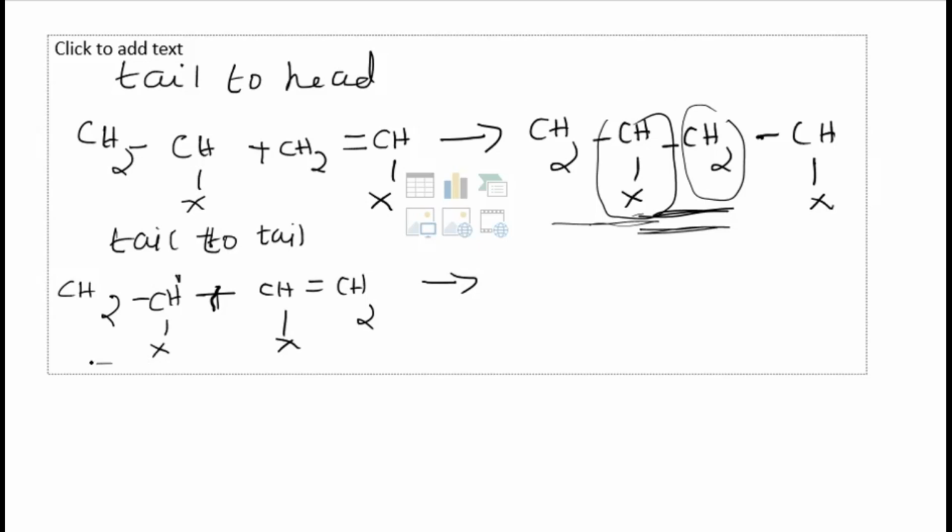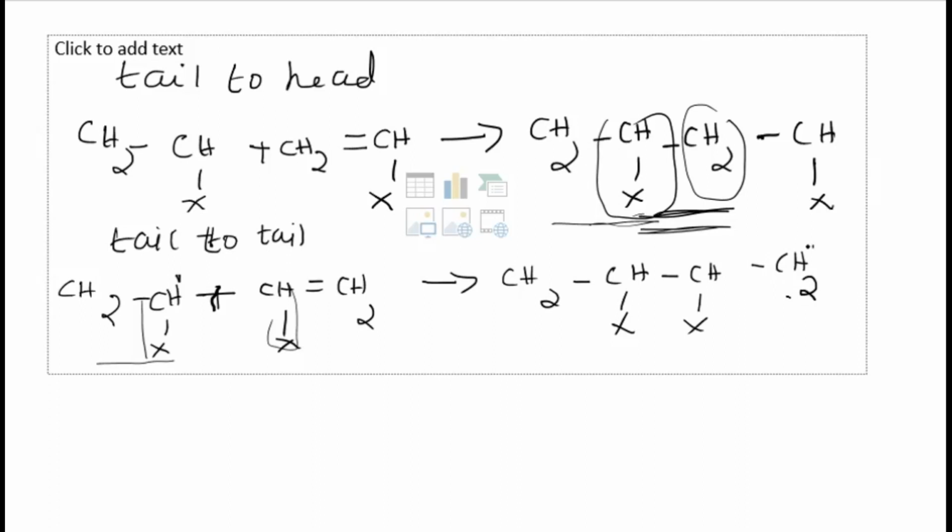Here the tail of this monomer is this, the tail of the monomer is this, and so CH2 single bond CHX, CHX, CH2. So, tail to tail addition.